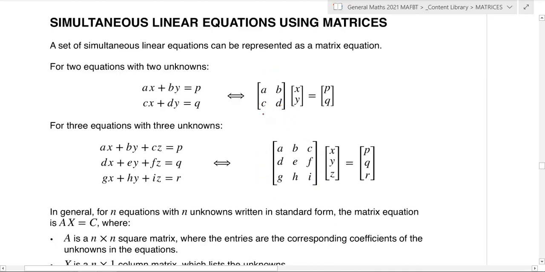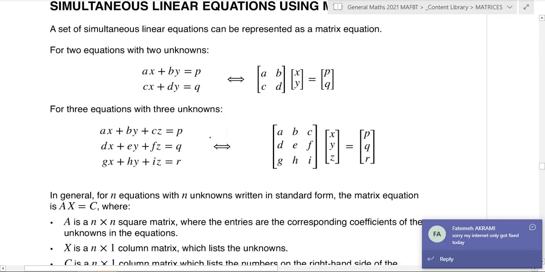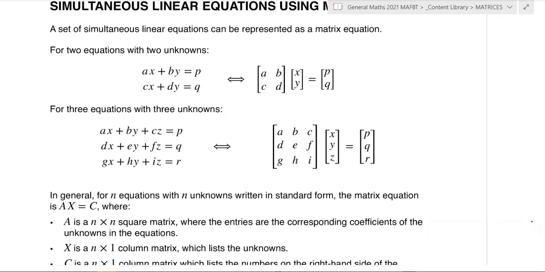Okay, so equations like these, or simultaneous equations, can be represented as matrices. And you can see here what they've been broken down into. So let's say you've got, for example, an equation like so, and you've got a couple of unknowns, here and here.